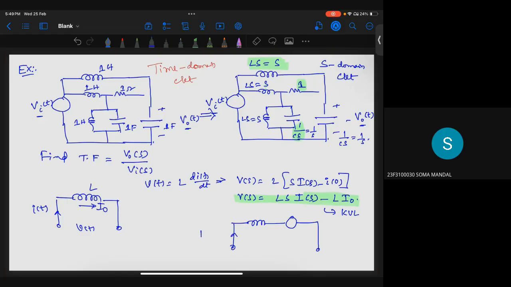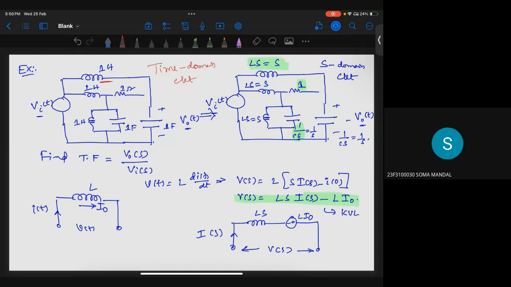So I of s, L s, minus plus L I naught, V of s. Is the circuit correct for that equation? Yes, sir, correct. Now in the given circuit, no current is given here, correct?